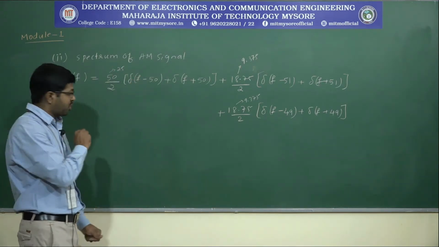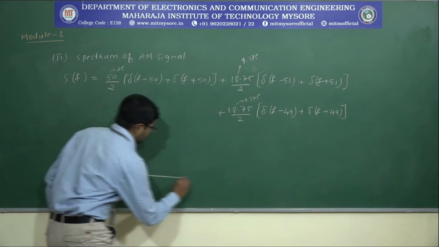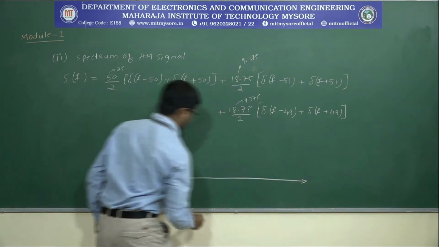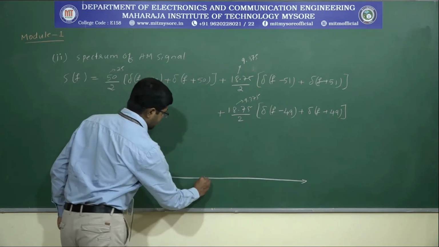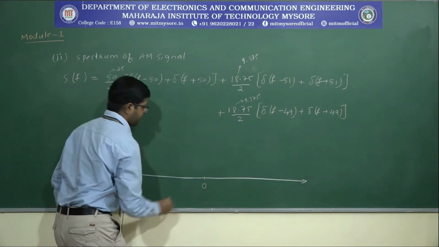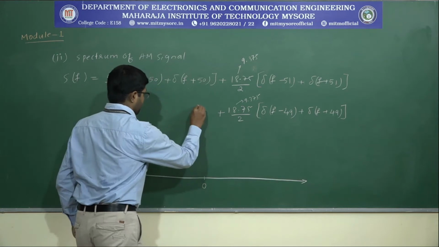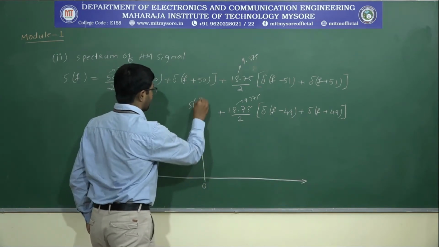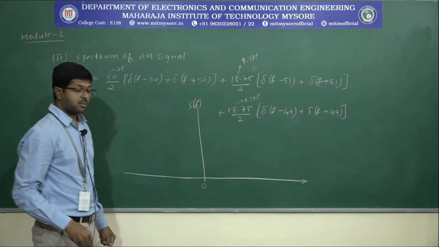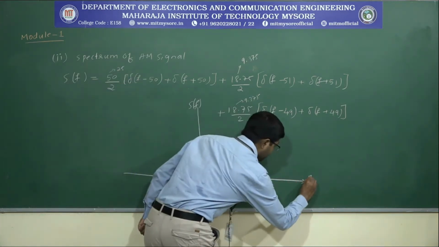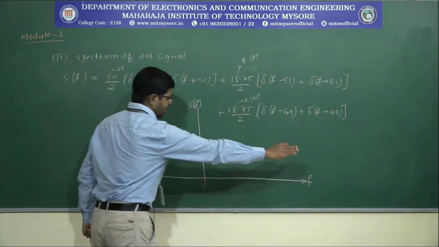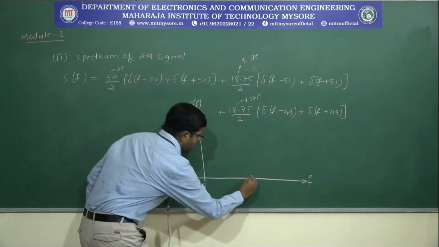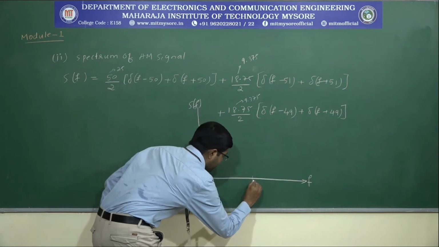Now let us draw the frequency plot. This is your frequency axis. Let me consider this as the origin. This is our S of f, the y axis. This is f, here the positive frequencies, and on this side the negative frequencies.